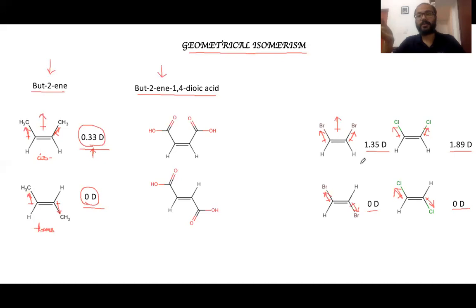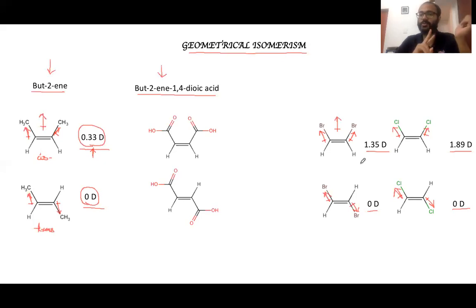And when you talk about dipole moment, the cis isomer would have a higher dipole moment compared to a trans isomer. So now you are able to understand the various influencing factors or properties on the basis of which we can distinguish between a cis and a trans isomer.